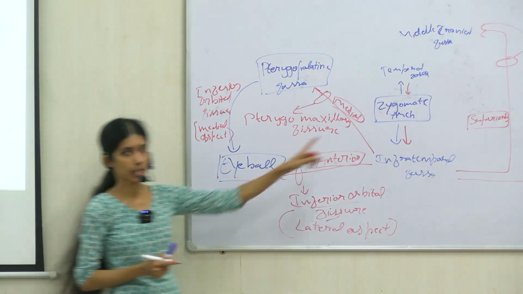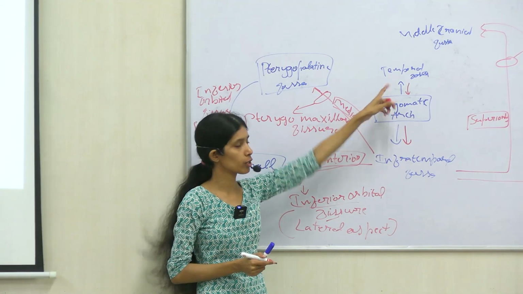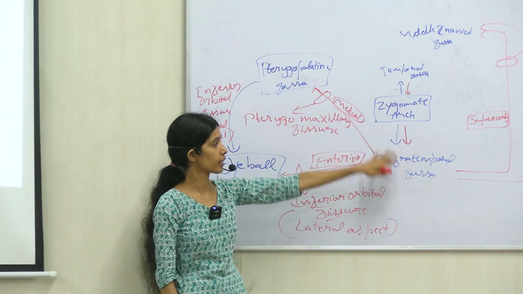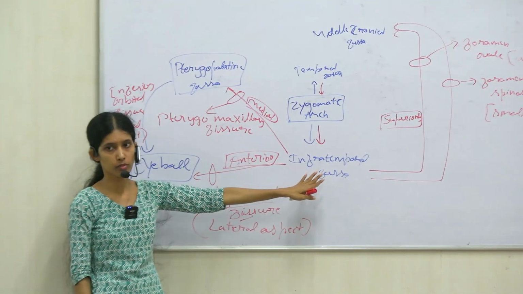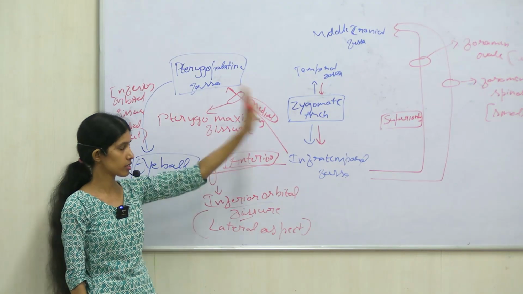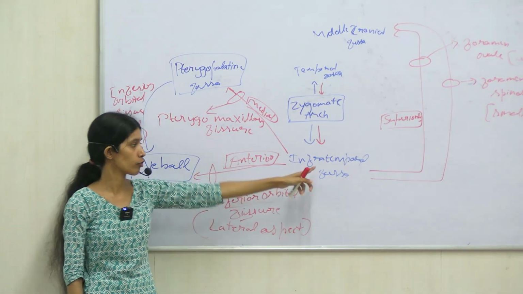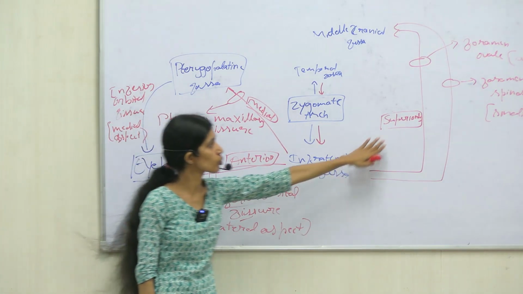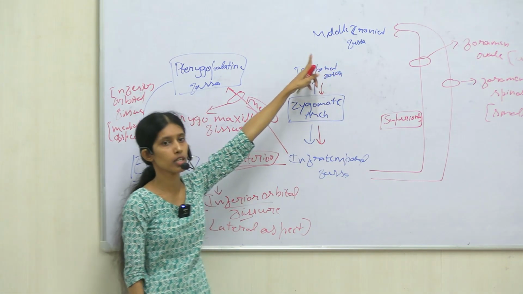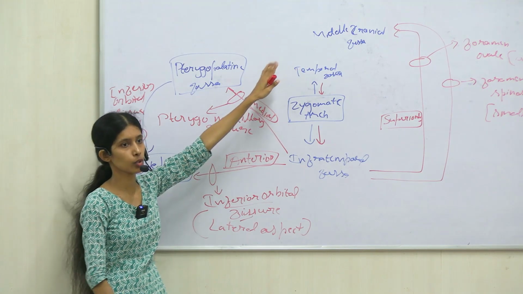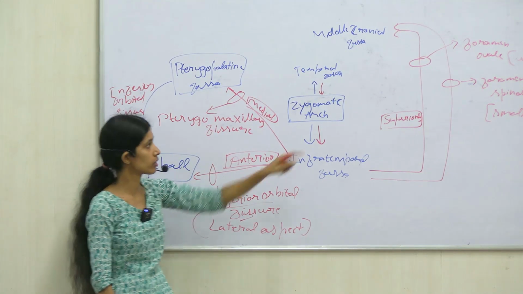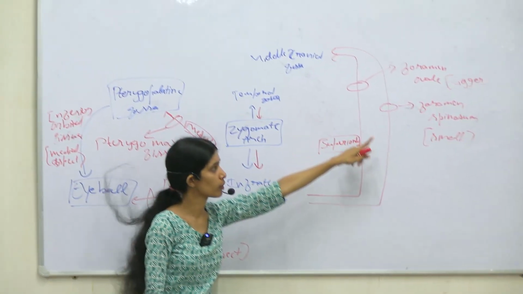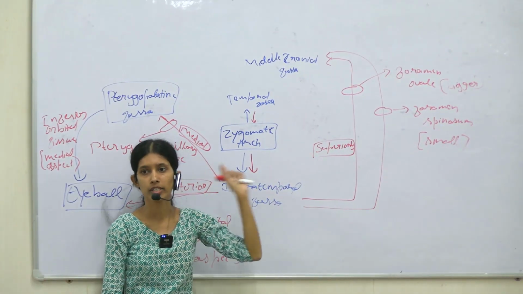So we have the zygomatic arch. Above the zygomatic arch we have the temporal fossa. Below the zygomatic arch we have the infratemporal fossa. This is a flow chart for the communication of your infratemporal fossa. Superiorly it communicates with the middle cranial fossa through two important foramens, foramen ovale, which is bigger in size, and foramen spinosum, which is comparatively smaller.